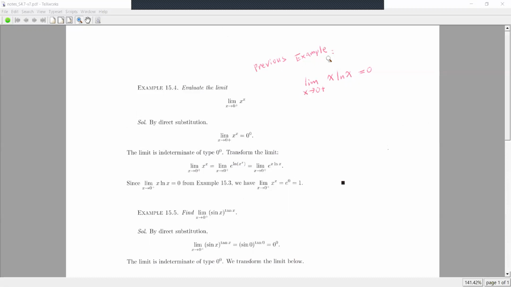From the previous example, when x approaches 0 from the right, x times natural log of x approaches 0. So when x approaches 0 from the right, the power approaches 0. Therefore, e to this power will approach e to 0. e to 0 is 1. So therefore, this limit is 1.